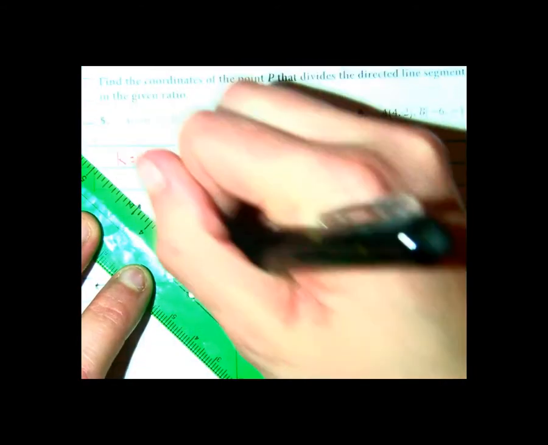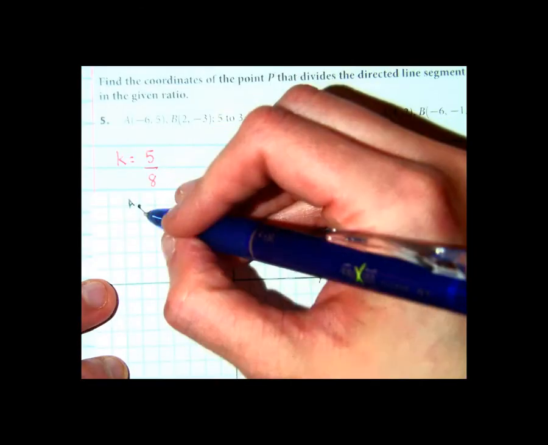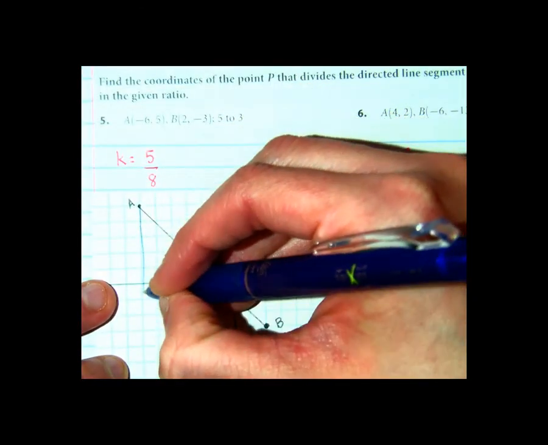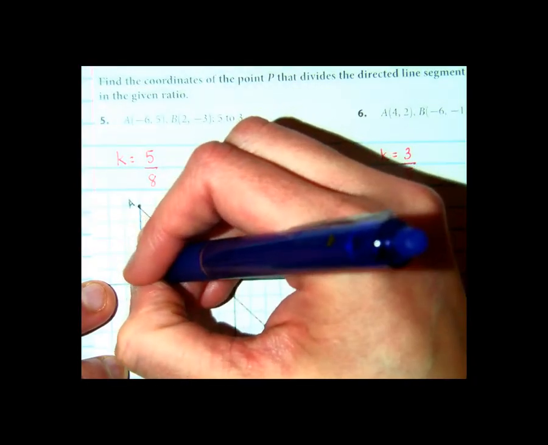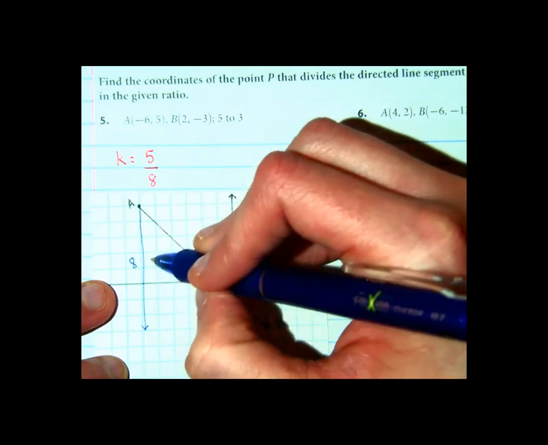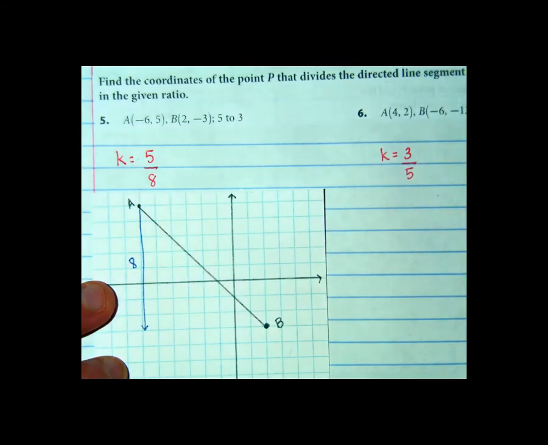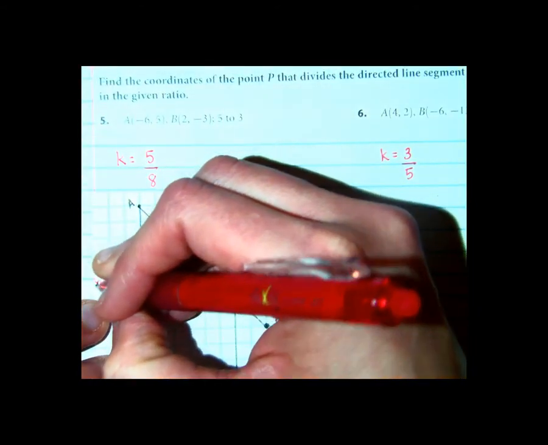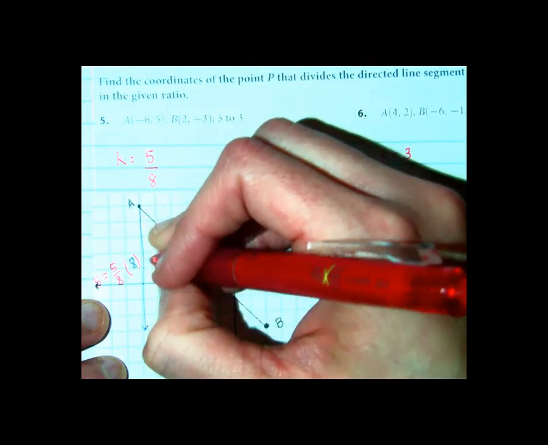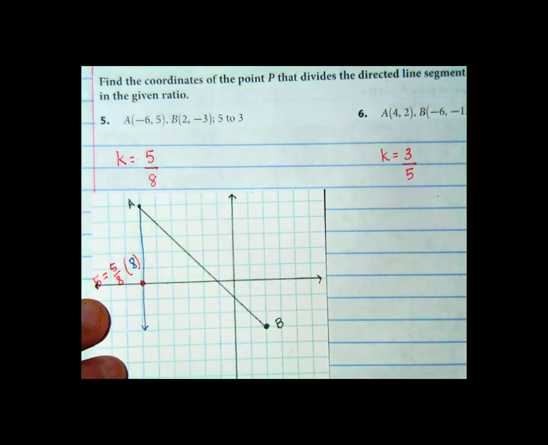Alright, what does it take to get from A to B? How many units are you going to have to go down? 8? 1, 2, 3, 4, 5, 6, 7, 8. Okay, what is 5/8 of 8? Yeah, it's 5. Which we could do what Jacob said, 1, 2, 3, 4, 5, and just draw a straight line and find it. We can make sure that that really works. How many units over is it?